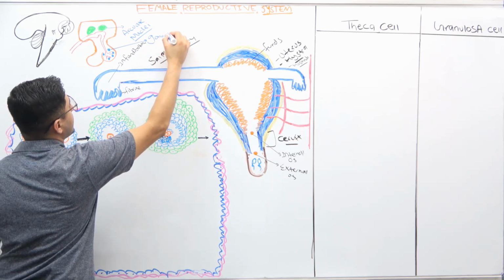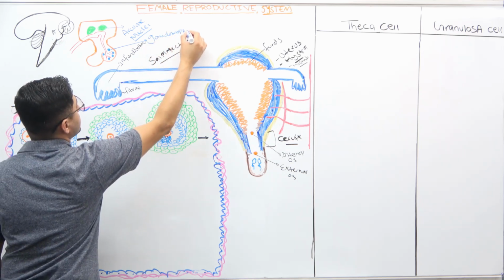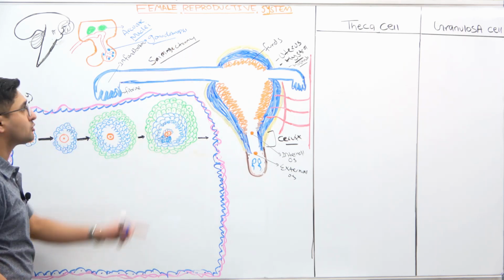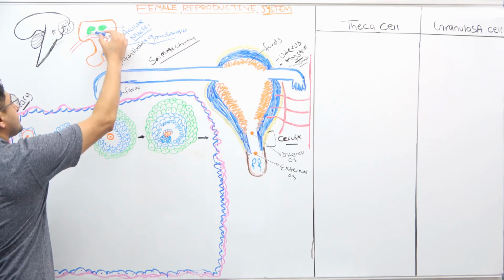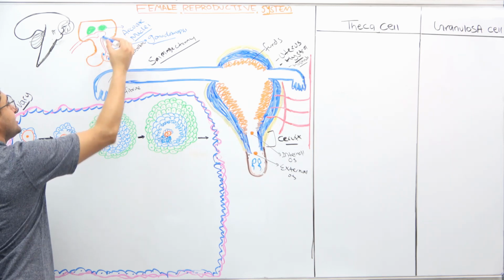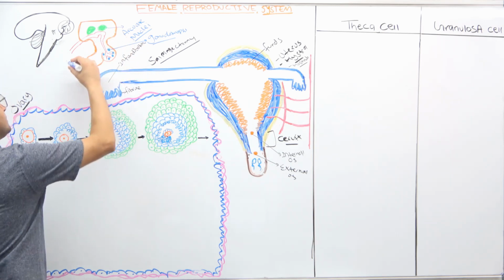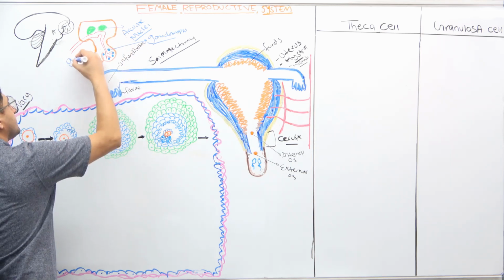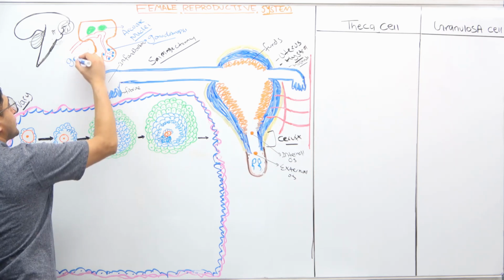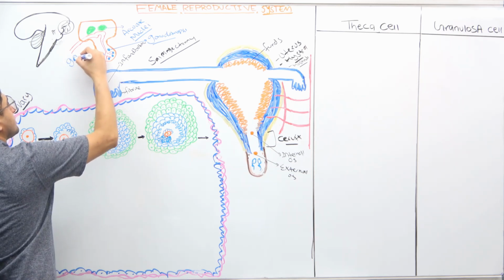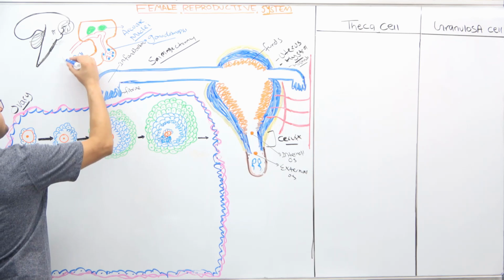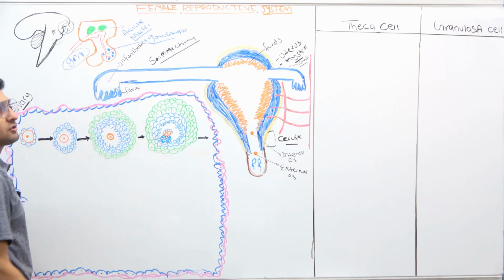Remember, think about the word gonads. So the hormone this arcuate nucleus is secreting is called gonadotropin releasing hormone.